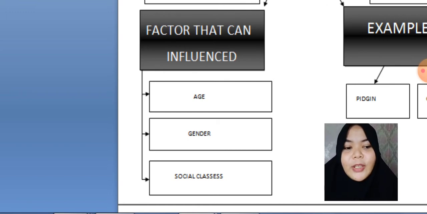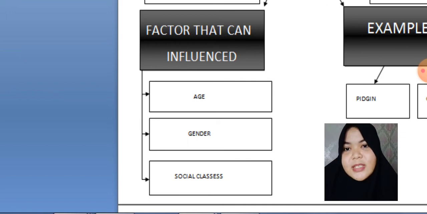But when you are talking to an elder, or a teacher, or someone older than you, you are going to change your language to become more formal. So that's how age could influence the changing of language. So yeah, let's go to the second one.